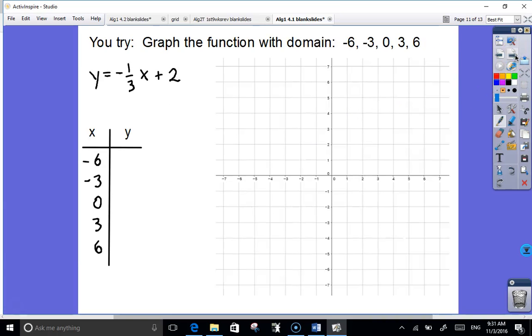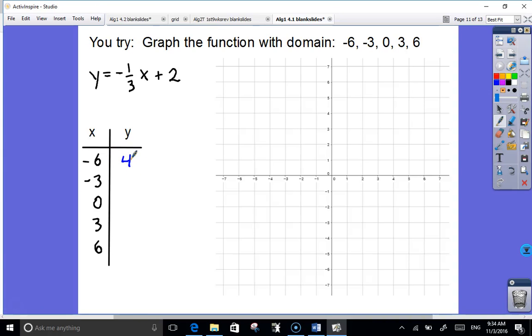Okay. So let's try to do the same thing with that. You try. Make yourself a graph. What did you say was the value of y when x equals -6? It's 4. Yeah, it should be 4. Remember, negative times negative makes positive, and then that's 2 plus 2 is 4.